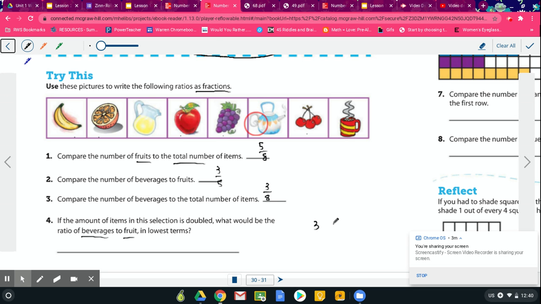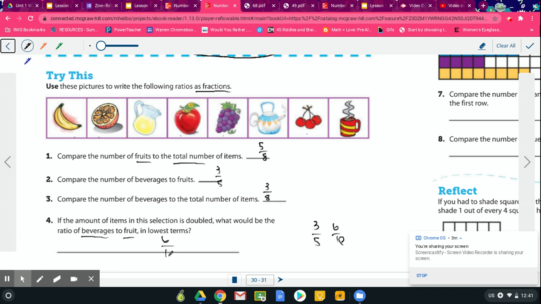However, if we doubled it, there would be 6. Fruit, there are 1, 2, 3, 4, 5. However, if we doubled it, it would be 10. So 6 to 10 would be the first part.